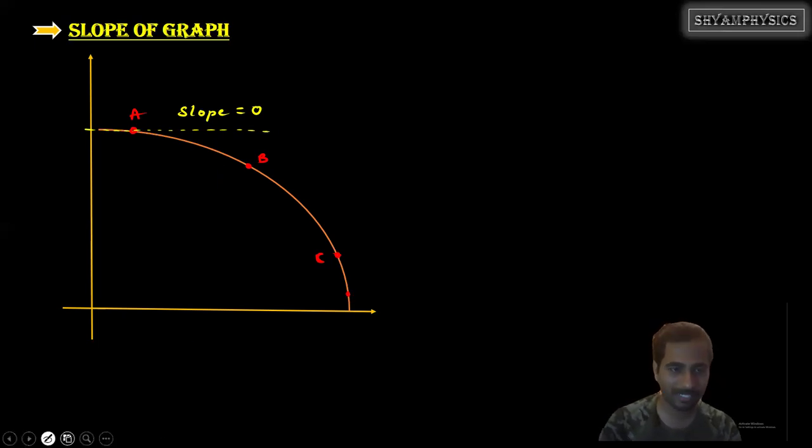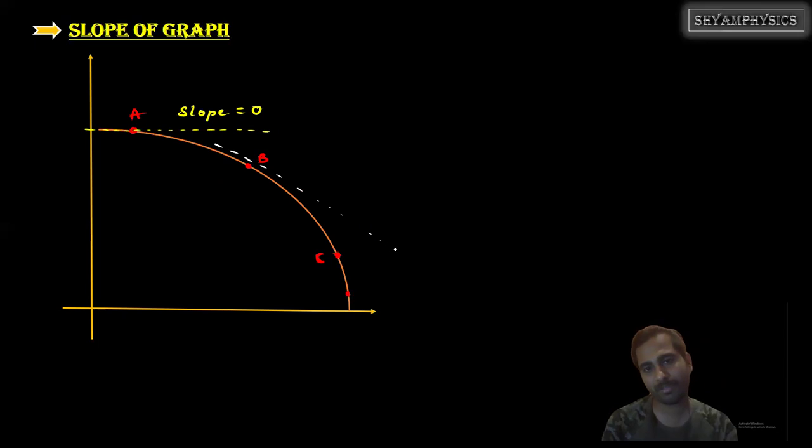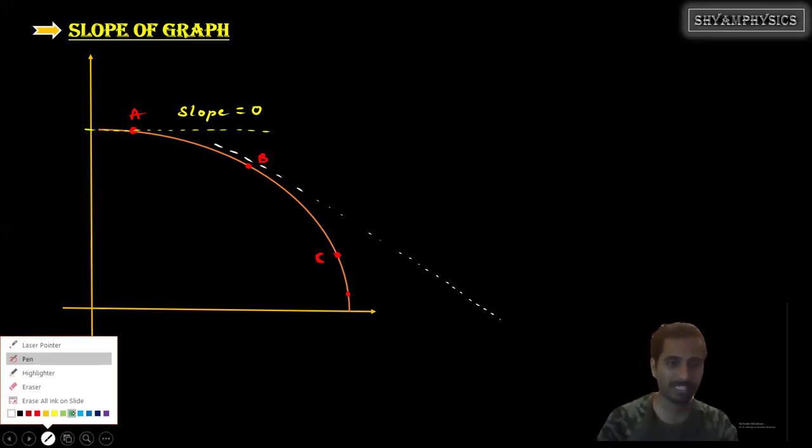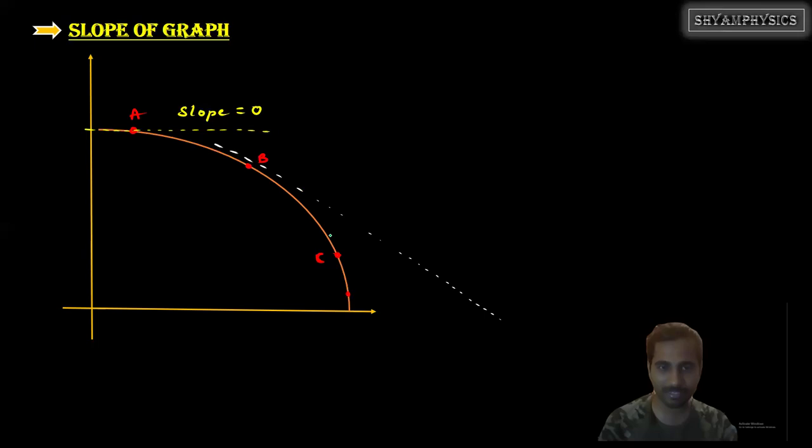At point B, if I want to draw a slope, it will become like this. I will take a new color in order to rectify the proper answers. Can you see the dotted lines? This is for B. And then for C, I can go here. This is the slope.